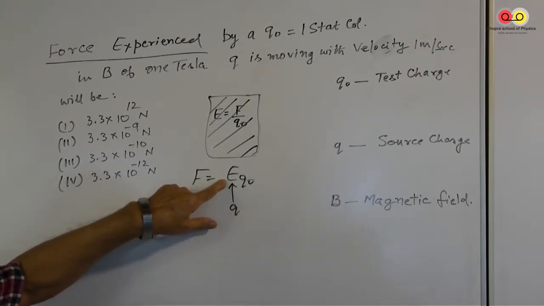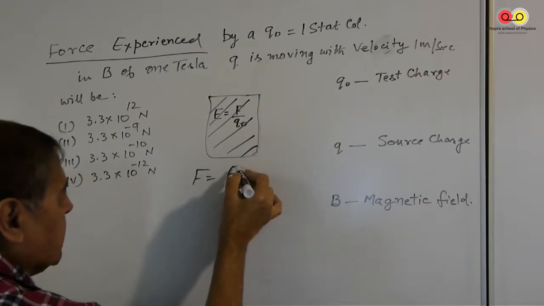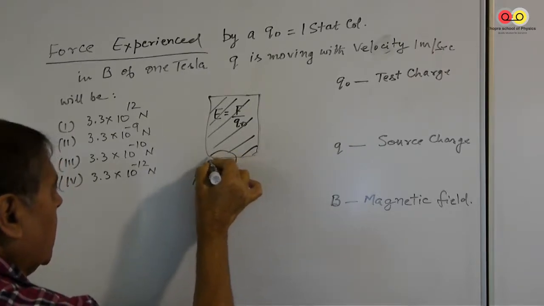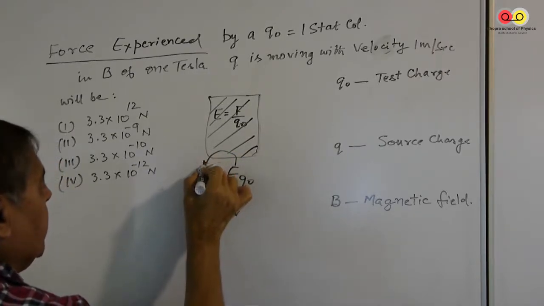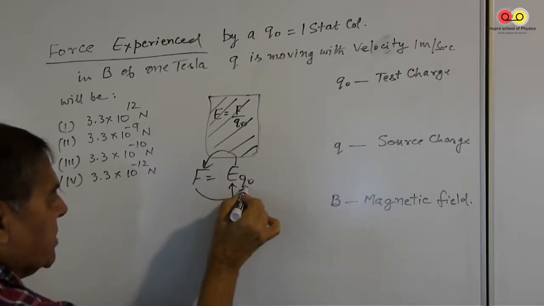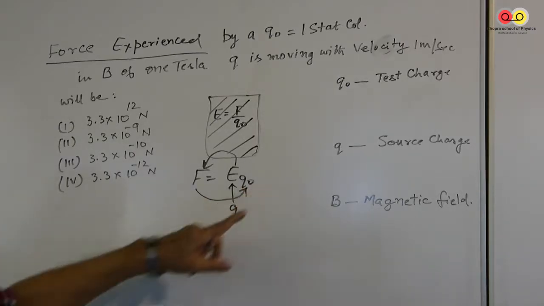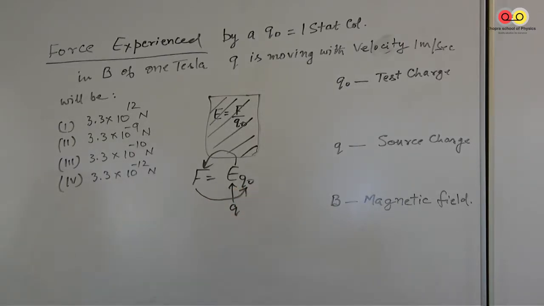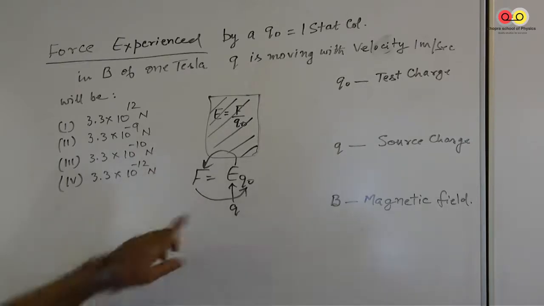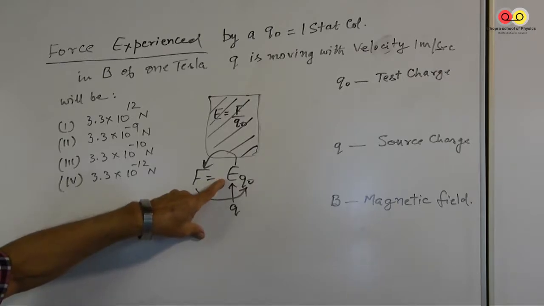Now what will this electric field do? Electric field will exert force. So source charge gives rise to electric field. Electric field will exert force, and force will be experienced by test charge. So what's the difference between test charge and source charge? The source charge has tendency to generate field.